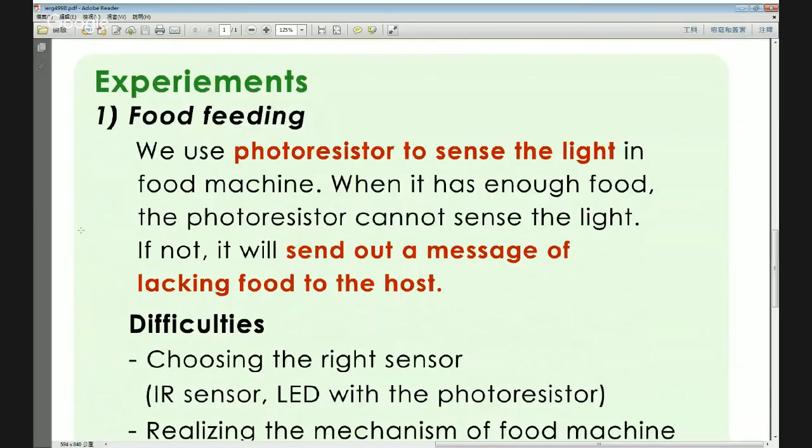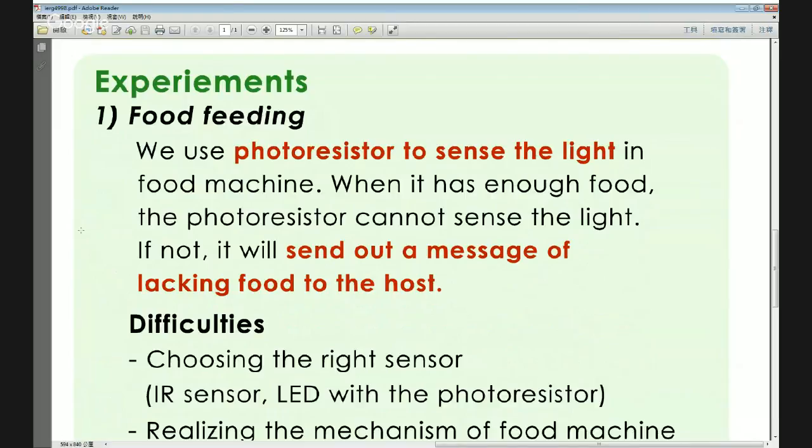Then we will use a photoresistor as a light sensor to determine whether there is a light source or not. When the photoresistor can't sense the light, that means the dry dog food blocks the light in the machine, so there is still enough food.